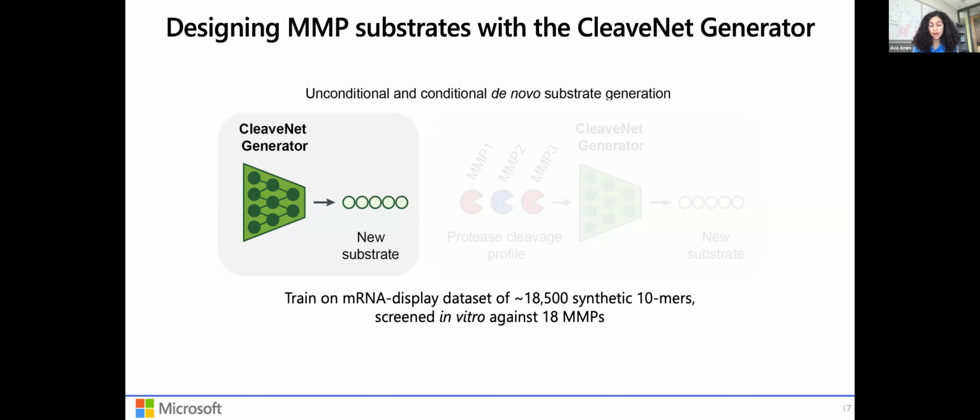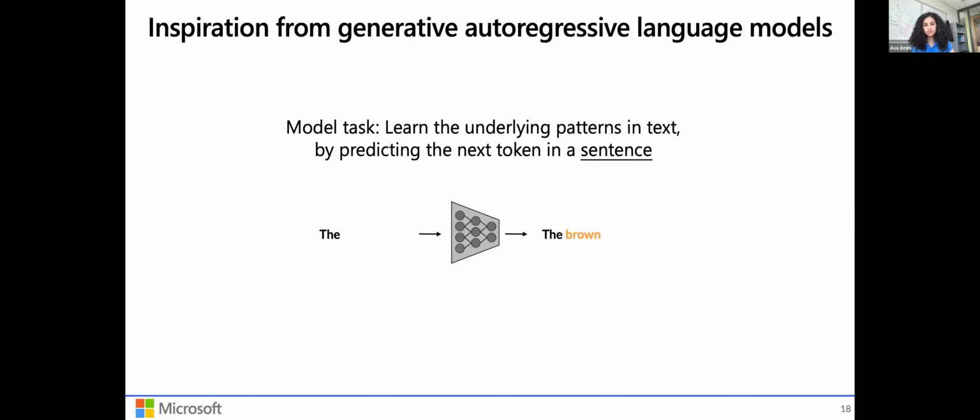And to train this model generatively, we turn to what has now become the classic language modeling objective in training generative autoregressive language models. And so given that this is an interdisciplinary audience, bridging protein engineering and ML, I just wanted to do a quick refresh on what this objective of next token prediction and autoregressive generation actually means.